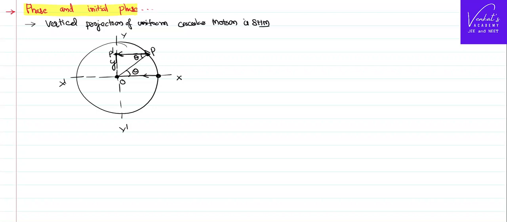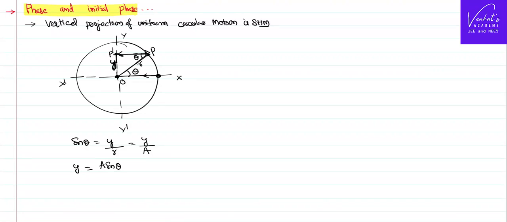This angle is also theta, and if you write sine theta, it is the opposite side y by the hypotenuse, that is the radius, which is also the maximum possible displacement, called the amplitude. So y can be written as a sine theta.